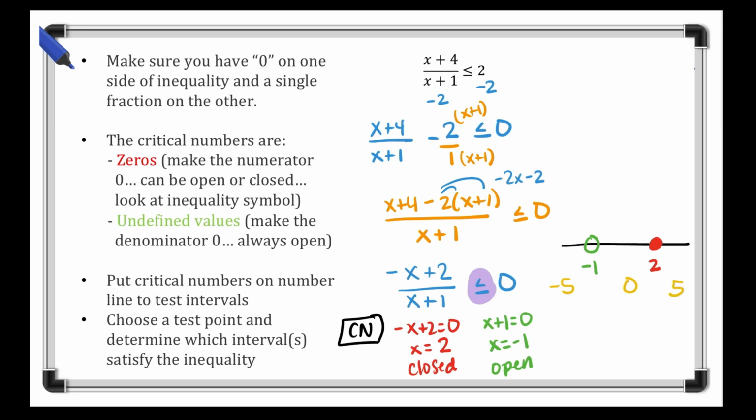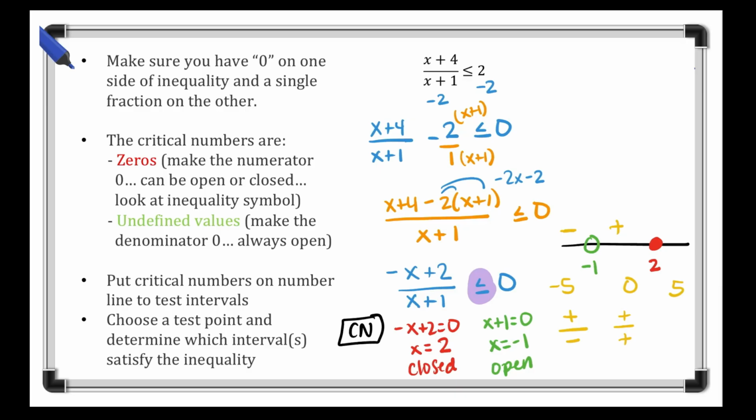So plug in negative 5, you're going to get a negative 5, so it becomes a positive 5 plus 2 is a positive, and negative 5 plus 1 is a negative, so this will be a negative. You're going to get 0, so you're going to get a positive over a positive, which is a positive.